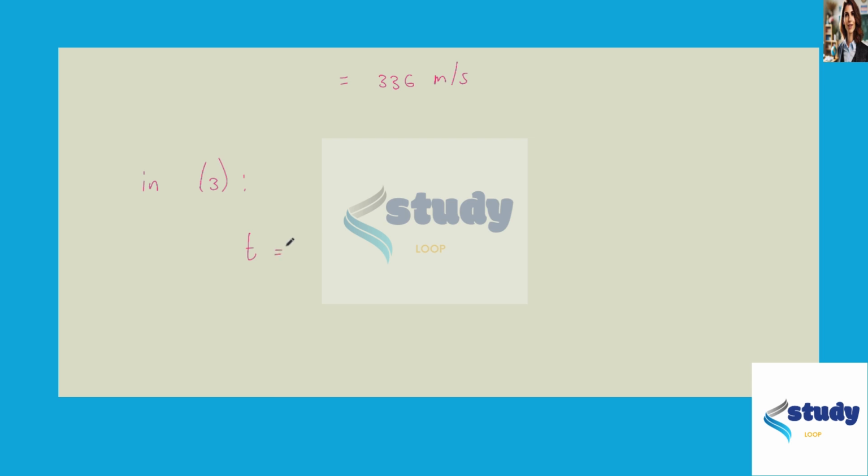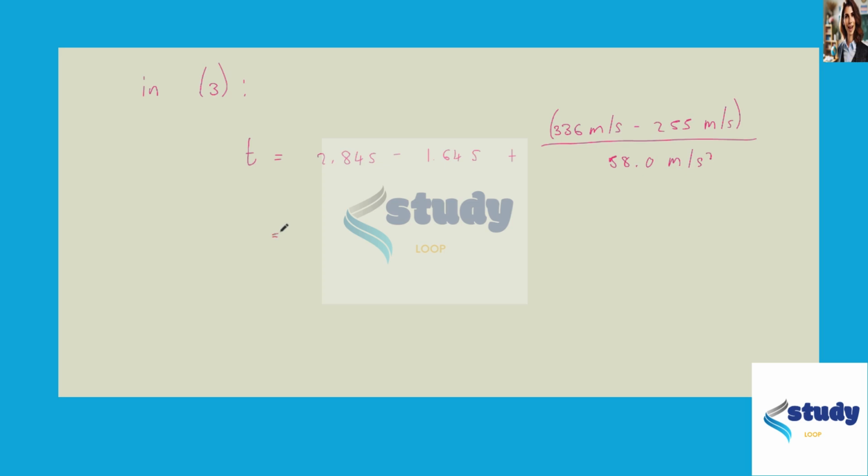We can calculate the difference in time between the two measurements to be 2.84 seconds minus 1.64 seconds plus the difference in speeds, 336 meters per second minus 255 meters per second, over the constant acceleration of the rocket, which is 58 meters per square second. And so calculating, we get the difference in time between the measurements to be 2.6 seconds.